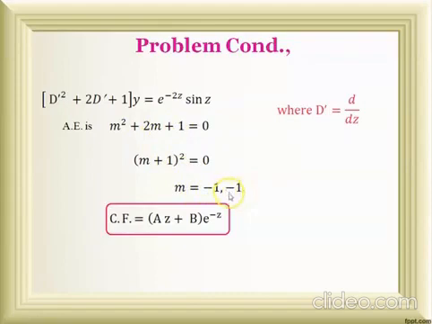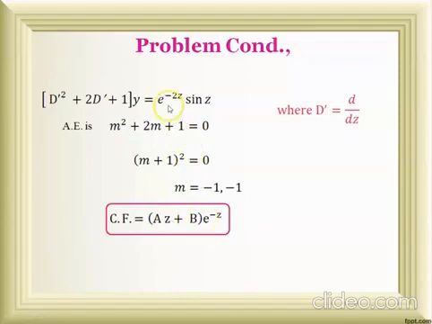For this kind of roots, I develop the complementary function as (az plus b) into e power minus z. Otherwise, we may go for (c1 z plus c2) into e power minus z. In some problems, we may take c1, c2 in place of a, b. Here I am using z because the derivative is with respect to z, that's why I am using z instead of x in this particular problem.